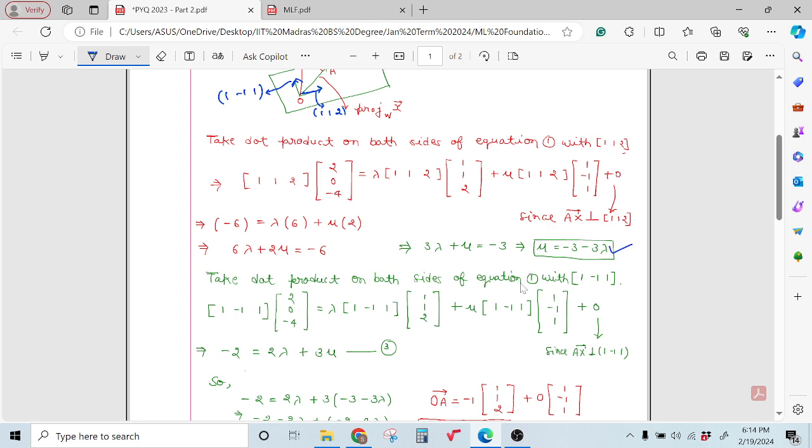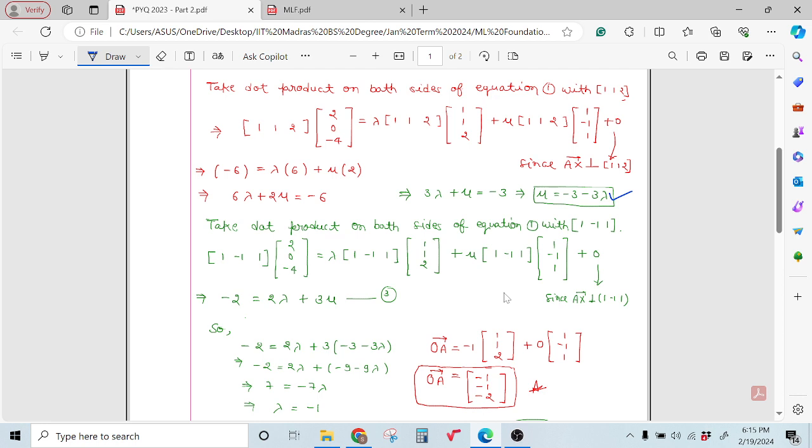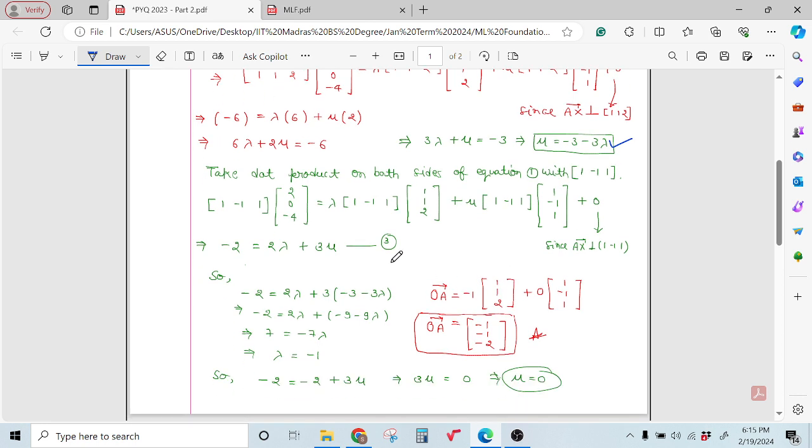Now take the dot product on both sides of equation 1 with 1 minus 1 1, because this is also perpendicular to vector AX. So we take the dot product and get equation three. Using this equation and equation three, we will calculate the values of lambda and mu, because there are two equations and two unknowns.